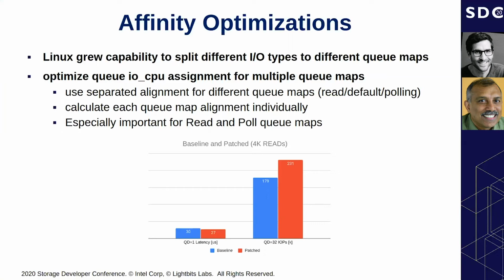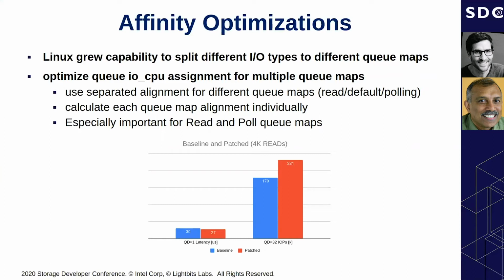First one is QD1 latency measurement, omitting media latency, just the transport itself. So at QD1, we have the transport overhead of 30 microseconds in the baseline, and we got a 10% improvement to 27 microseconds just by affinitizing better.